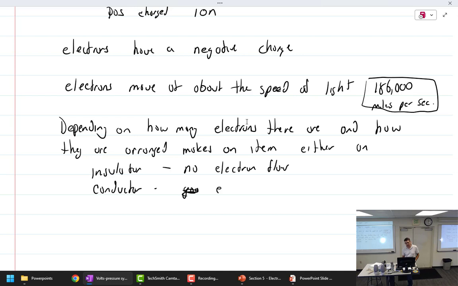I'll just say electron flow. It doesn't have to be good. You can have bad conductors. So you will have electron flow.